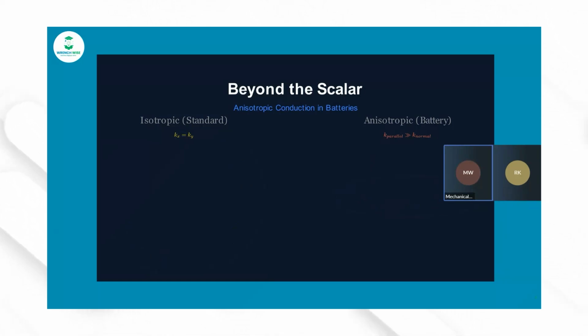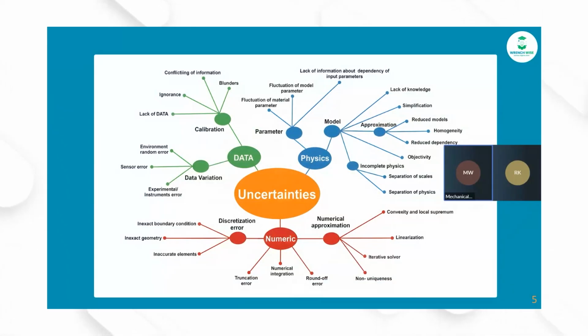Whereas with anisotropic, in the layers of batteries that are made, the conductivity across these layers is going to be different from the conductivity in each individual layer itself. So in essence, we will talk about what this phenomenon is all about.